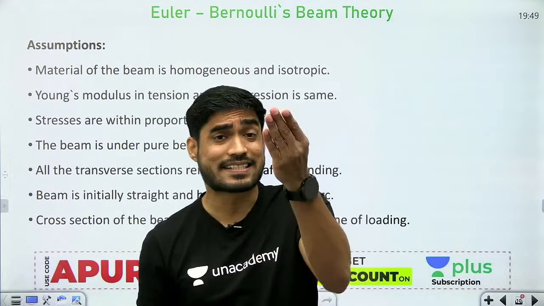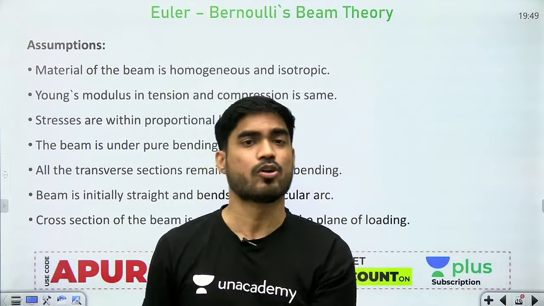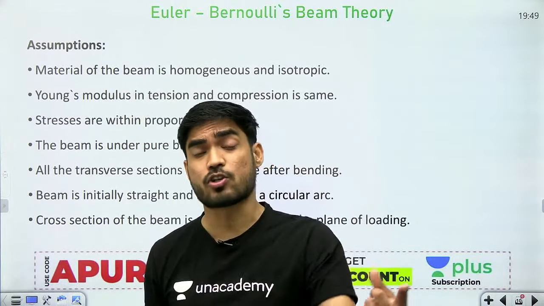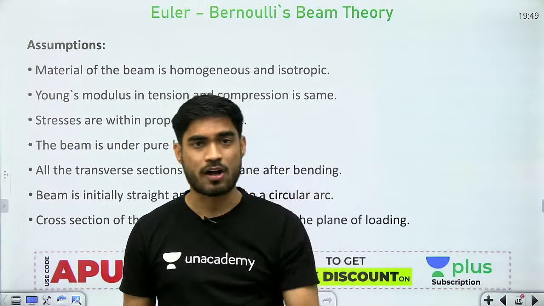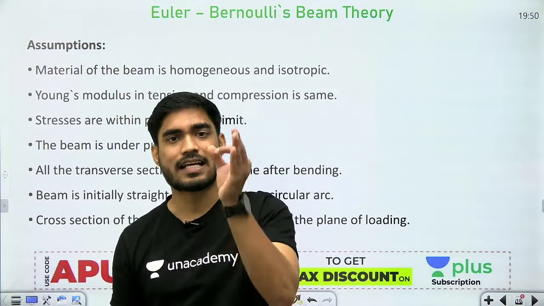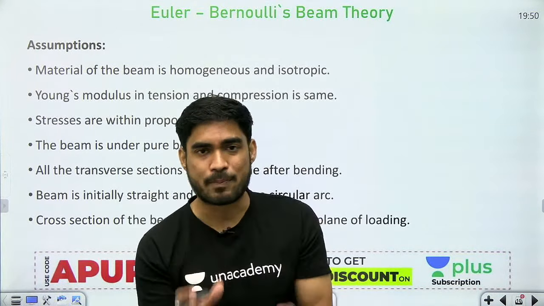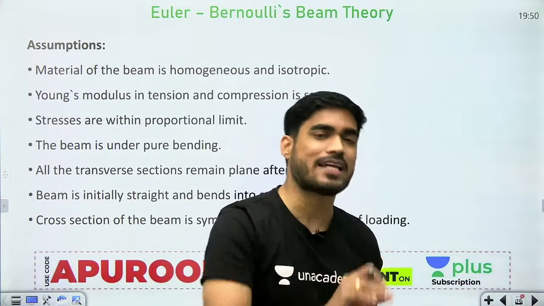First we see what the strain distribution is like, whether the strain is constant, linear or parabolic. And then we apply Hooke's law to find the stress distribution, whether the stress is constant, linear or parabolic. So when do we get the equation of stress? By finding the equation of strain and then applying Hooke's law.